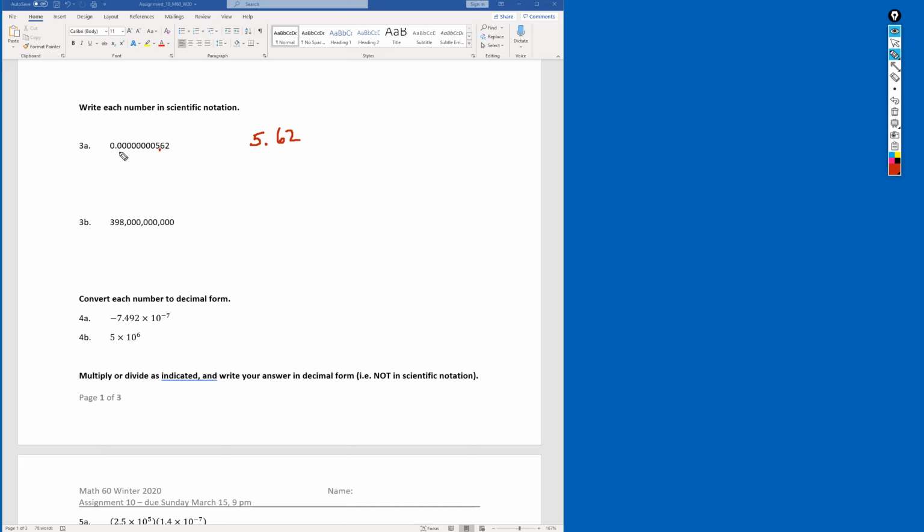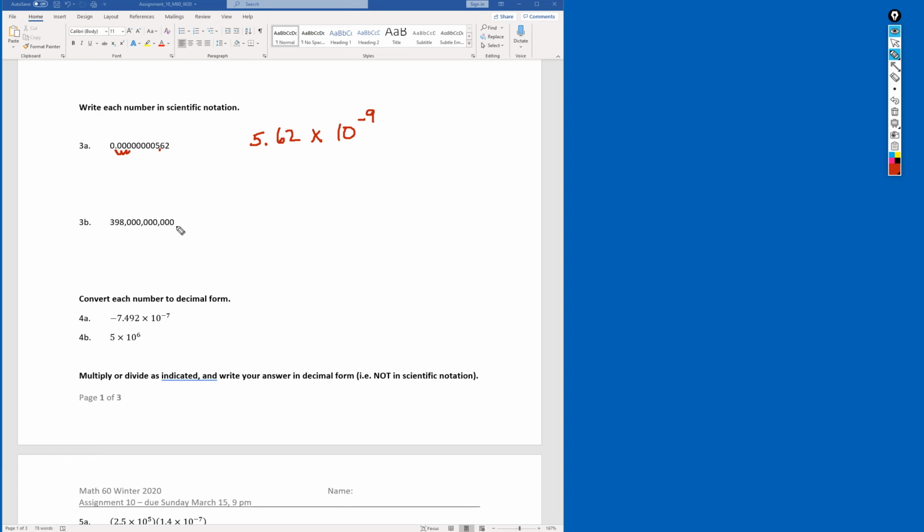And then, just count by making the loops, 1, 2, 3, etc. I won't go the whole way. But it turns out you have to move it 9 times. And this is a very small number. So therefore, we know it's going to be times 10 to the minus 9.